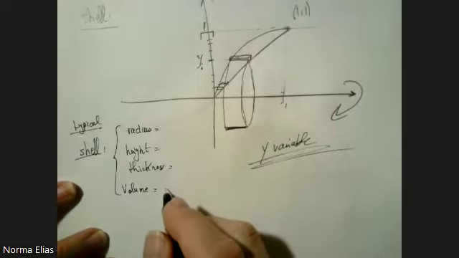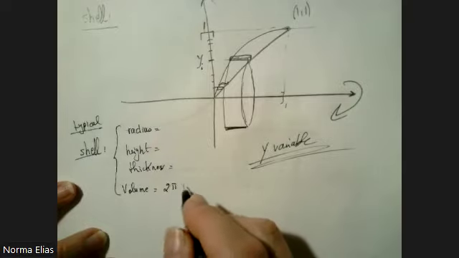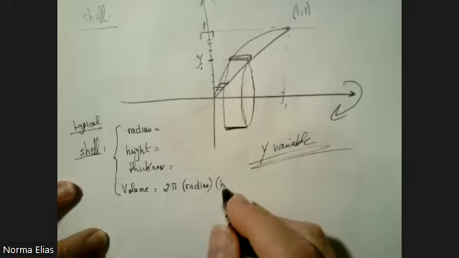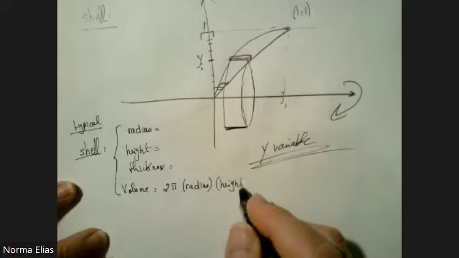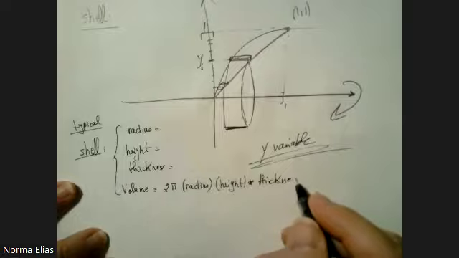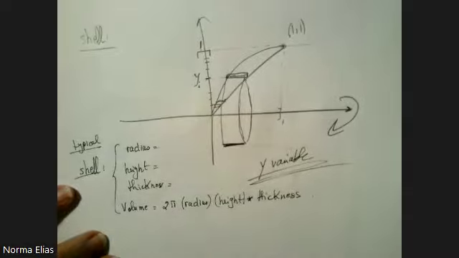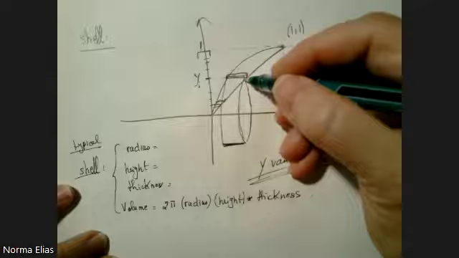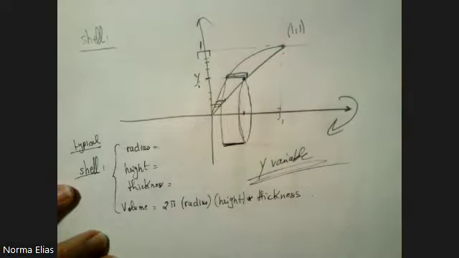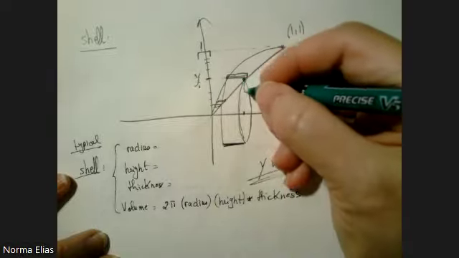Because remember, that's where the 2 pi is. It's 2 pi times the radius, that's for the shell, times the height, times the thickness. Okay, and now let us go through every one of them. What is the radius? It's from the axis of rotation, which is the x-axis, all the way to here.